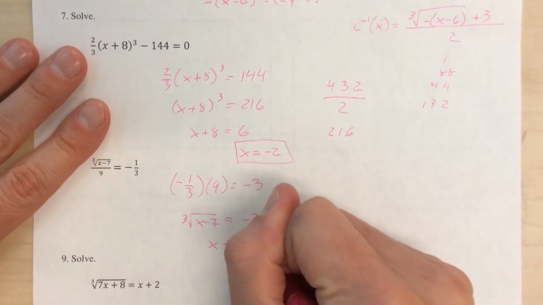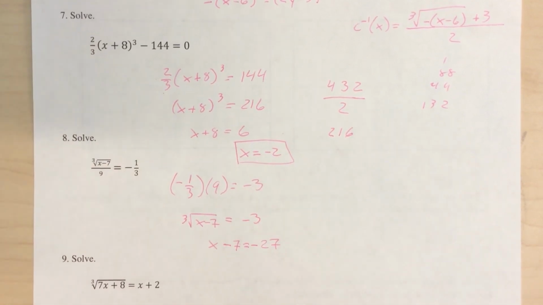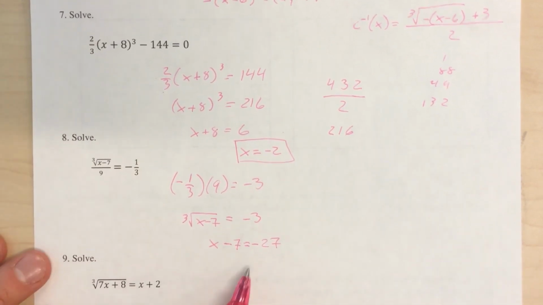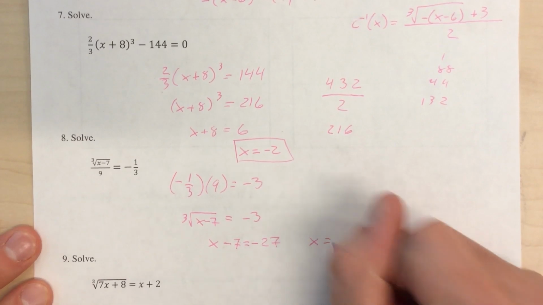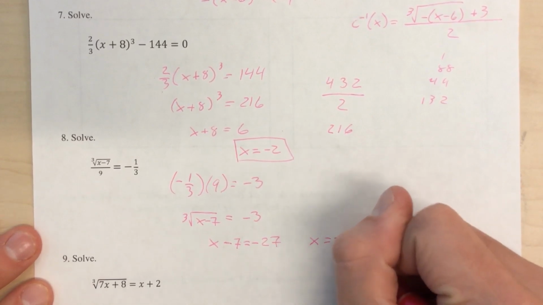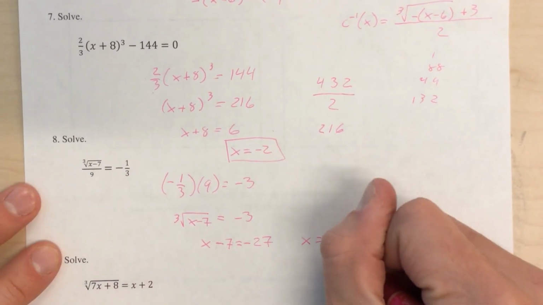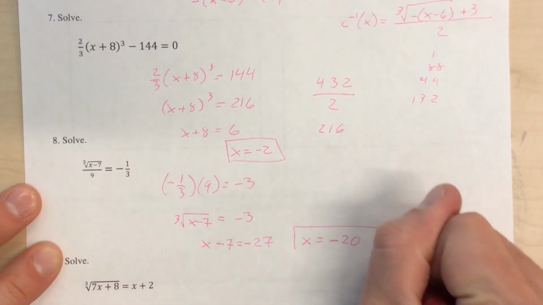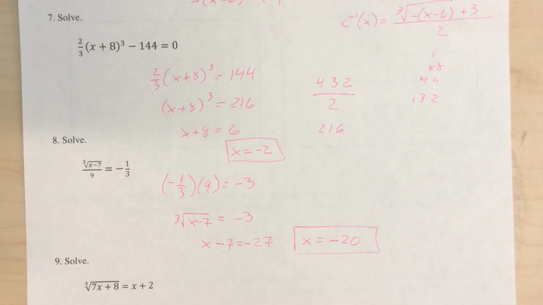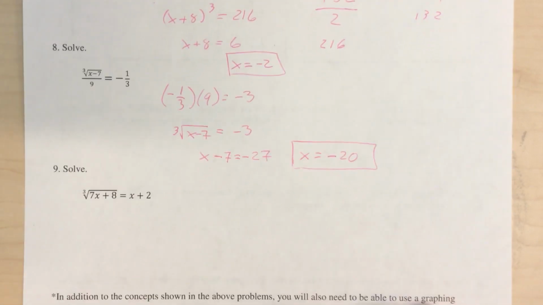So you've got x minus 7 is equal to -27. We'll then add 7 to each side of the equation, and x is going to be -20. And again, you plug it back in and you'll basically see everything you did, but you get your answer and there's not really too much going on there.